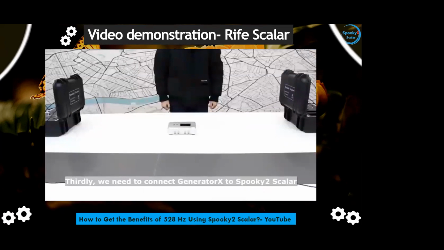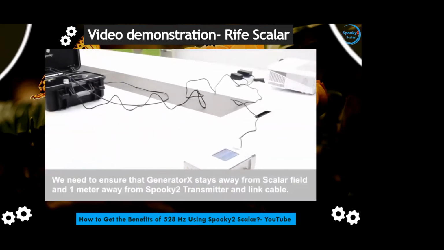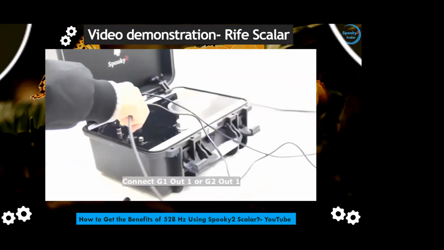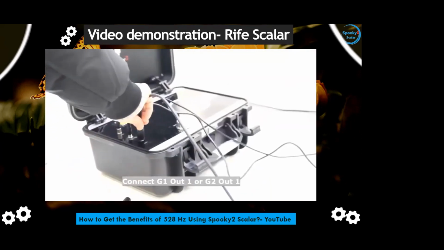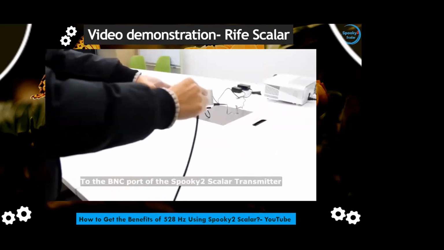Thirdly, we need to connect generator X to Spooky2 Scalar and tune Spooky2 Scalar. We need to ensure that generator X stays away from scalar field and 1 meter away from Spooky2 transmitter and link cable. Connect G1 out 1 or G2 out 1 to the BNC port of the Spooky2 Scalar transmitter.